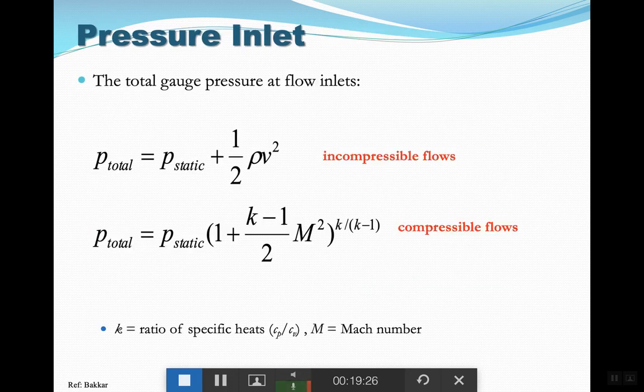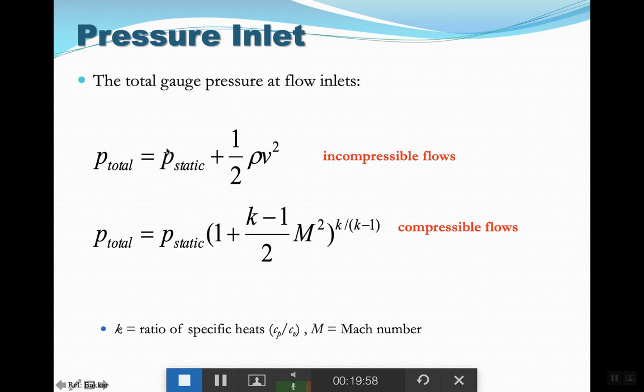Now to provide the gauge pressure itself is basically categorized in two different equations. If you're dealing with incompressible flow, which is the subject of our class throughout the semester, we will not be dealing with any sort of compressible flow. So in incompressible flows, your pressure has two parts.